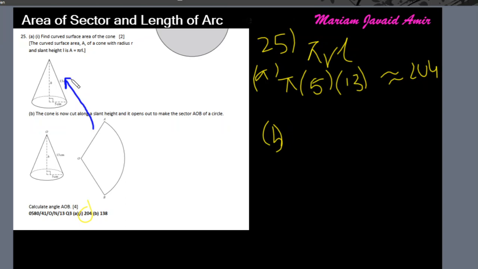So let's equate the area. Area of sector is theta over 360 times pi r square, and r is 13 here and here, equals the area we found before, let's use 204. You should preferably use the unrounded answer correct to 4 decimal places, and this should give you the value of theta, 138.